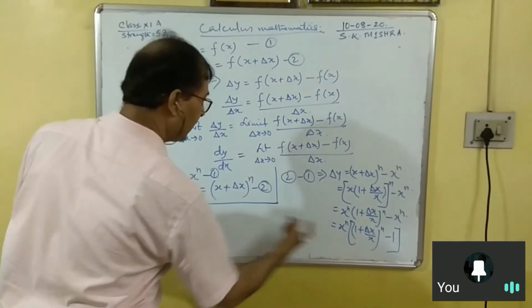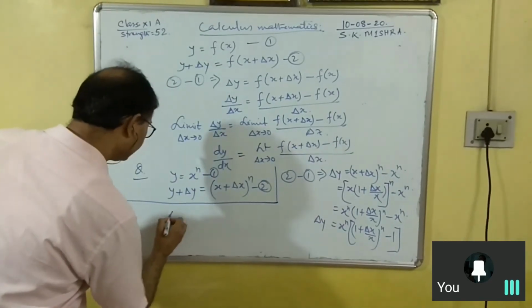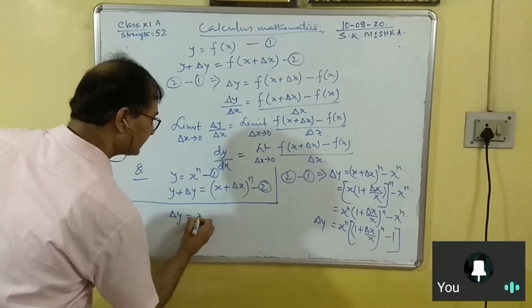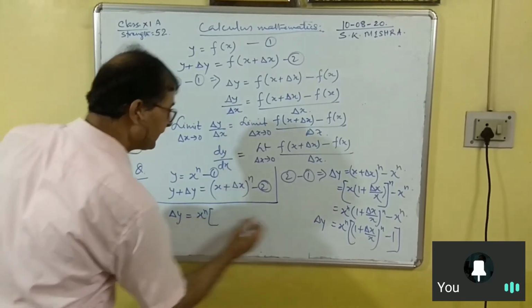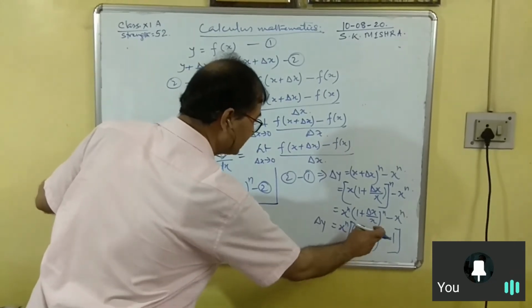The remaining part, that is del y. Here it is del y. So del y is x raised to n times the expansion. And how will you expand 1 plus x raised to n? Now instead of x, you are going to assume del x by x.